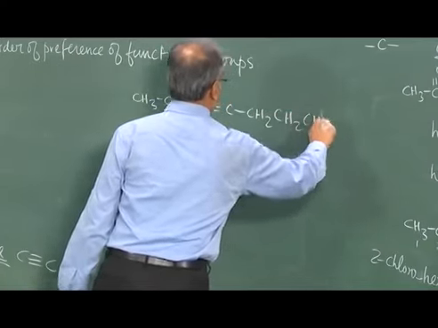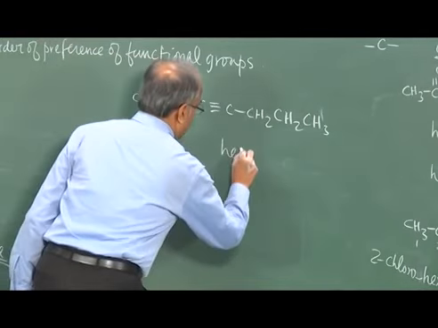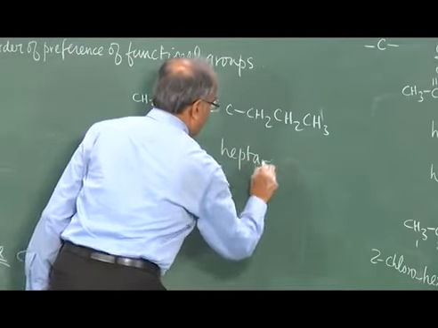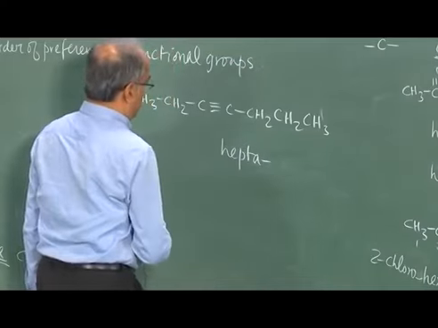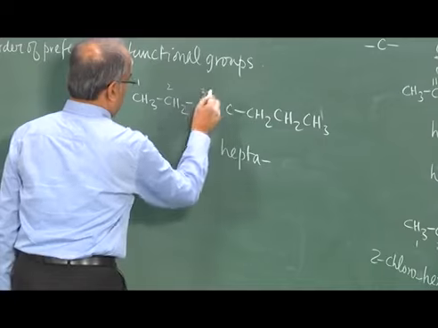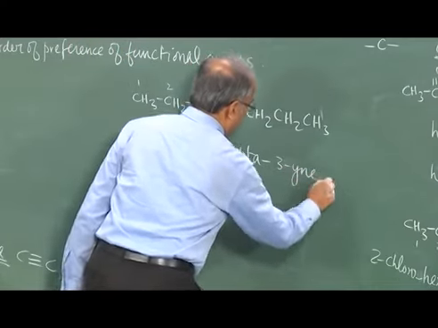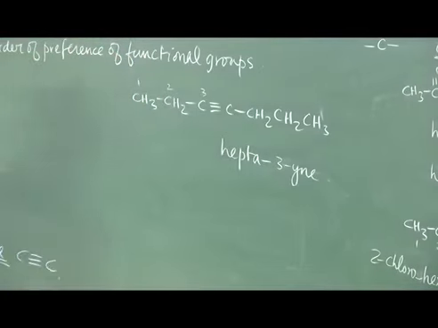If you take this compound, this is an acetylenic compound and it is a C7 chain. So, it is a hepta. You have to specify the position of the alkyne. So, start from the position where the lowest number goes to the alkyne, 3-yne. So, this would be hept-3-yne, the correct nomenclature for this particular compound.